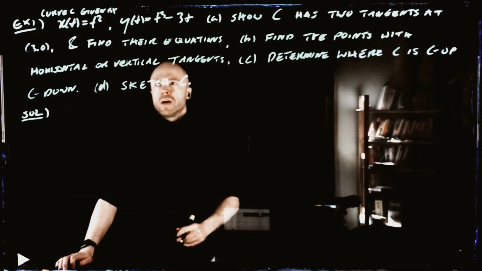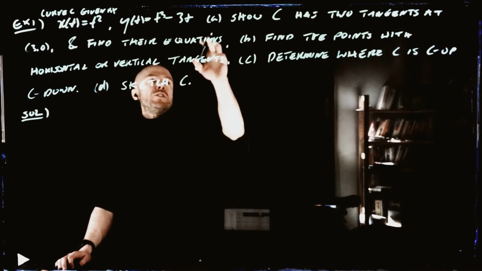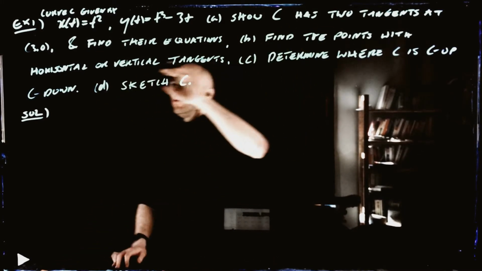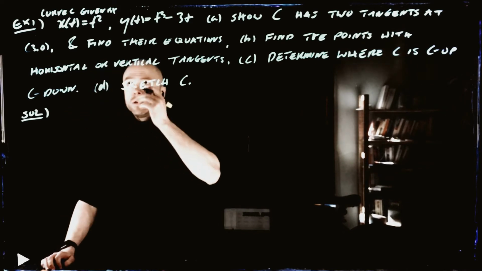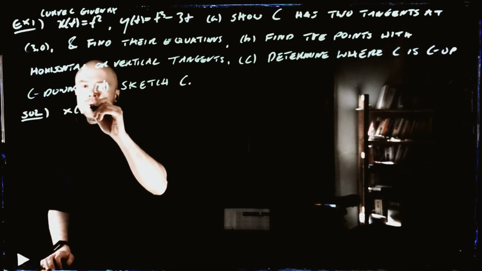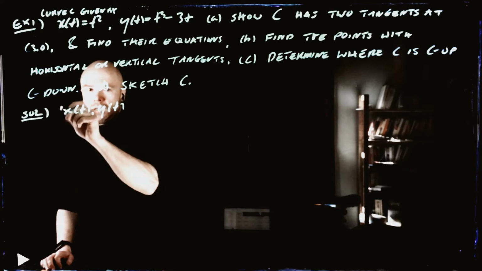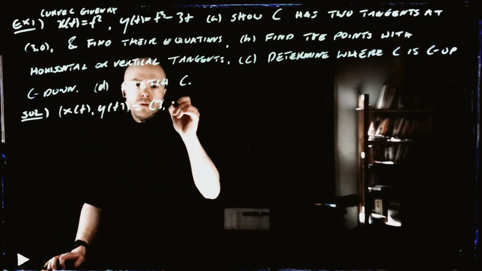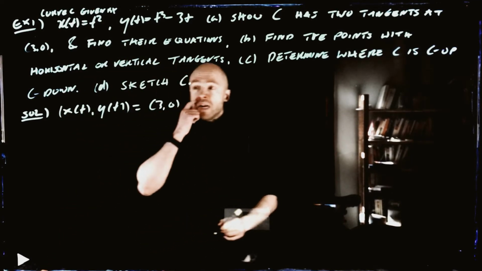All right, first part. Show that C has two tangents at this point 3, 0. Okay, so if we have x of t, y of t is equal to 3, 0, then when can that happen?